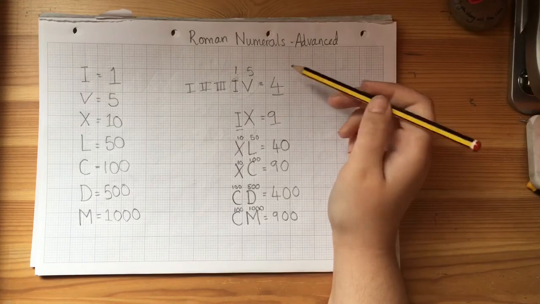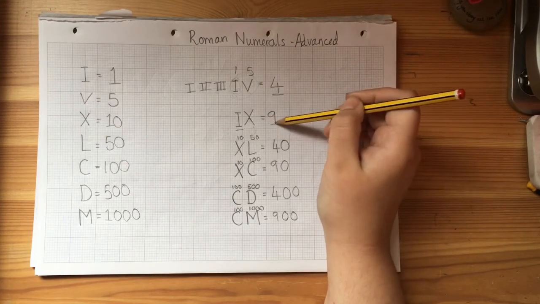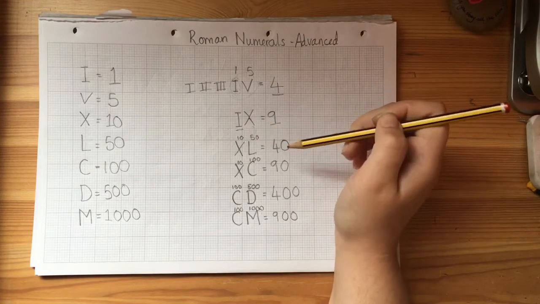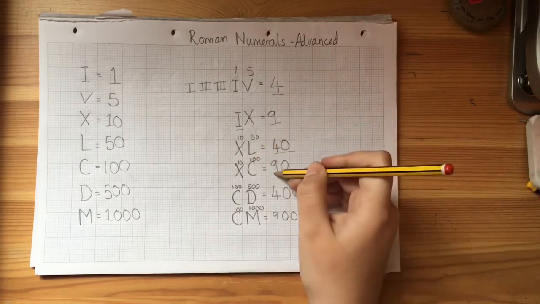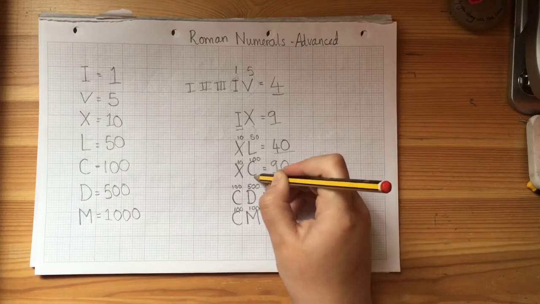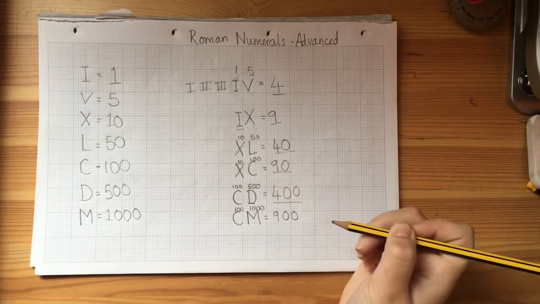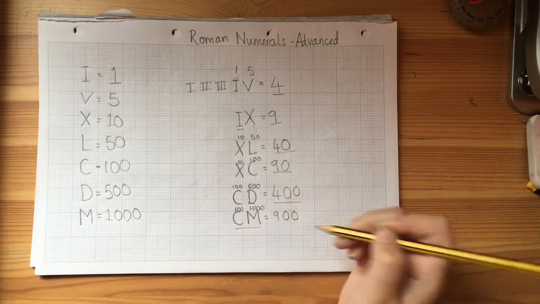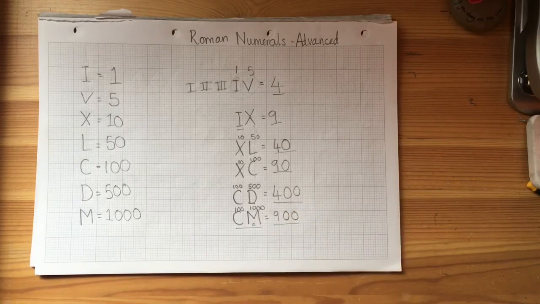And we can check this. We've got 4, it changed to V. 9, it changed to X. At 40, it changed to L. 90, it changed to C. 400, it changed to D. And at 900, it changed to M.